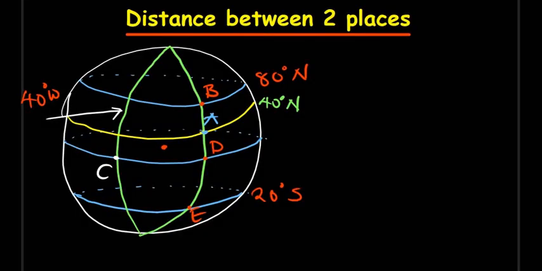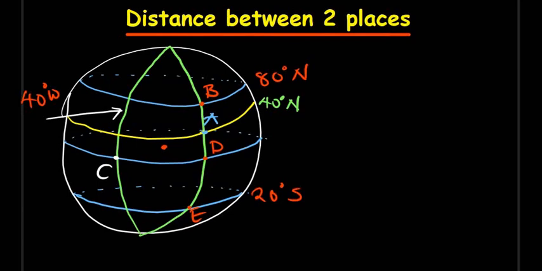Now, having talked about the length of a circle, we'll now move to a very interesting concept which we are going to call the distance between two places. Let's handle how we get to determine the distance between two places when you're given the latitude and the longitude.